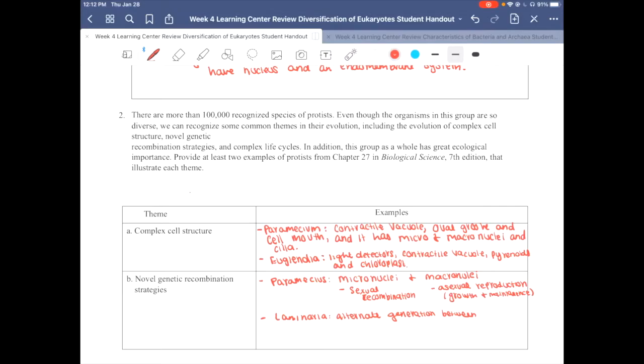Okay, so the gametophyte is going to be the haploid stage, and the sporophyte is going to be the diploid multicellular form. So these are two examples of recombination strategies that different protists have.